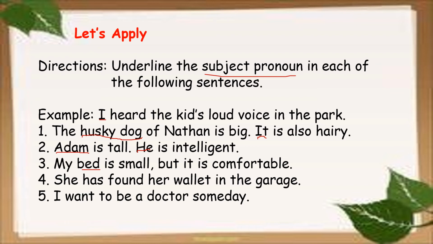Since bed is what? It is a thing. So we're going to use it. Number 4. She has found her wallet in the garage. So what kind of subject pronoun did we use? So it is she. Number 5. I want to be a doctor someday. So it is obvious that what? I am talking, or I am the first person. So the subject pronoun is I.